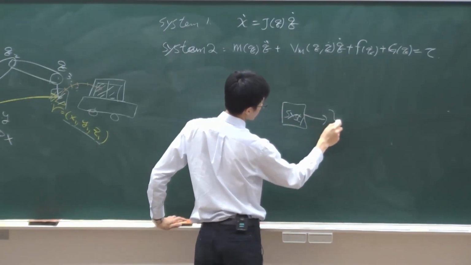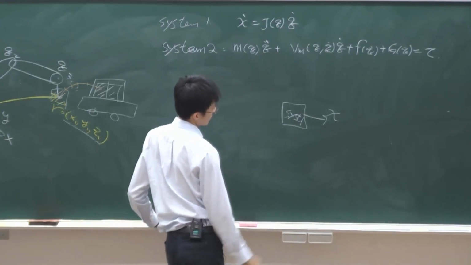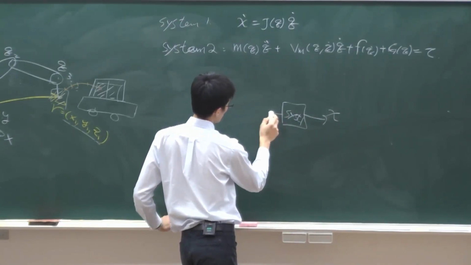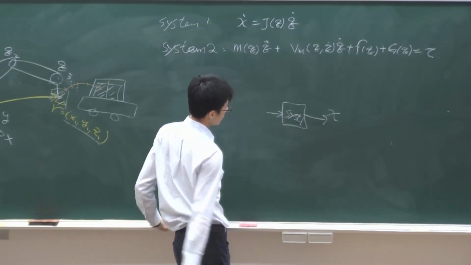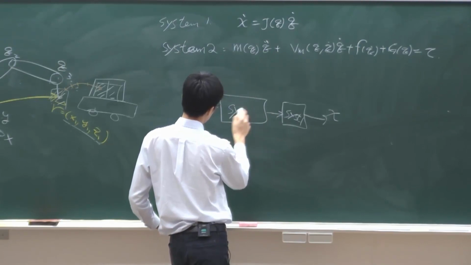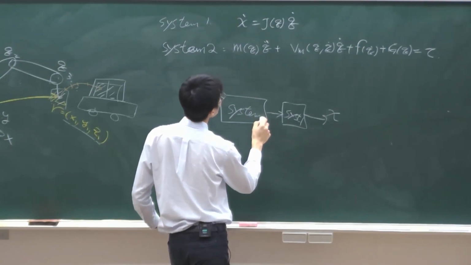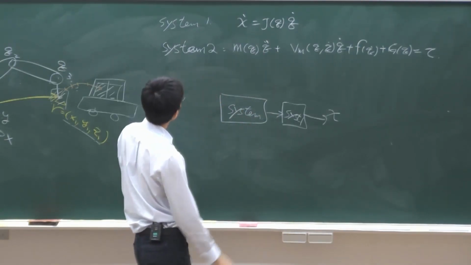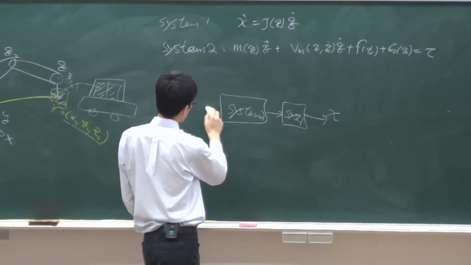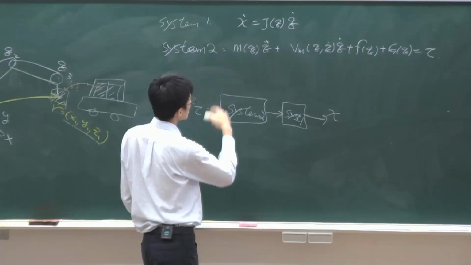System 1 generates x, right? And the input of system 1 is the output of system 2. And system 2, the input is torque, output is q.